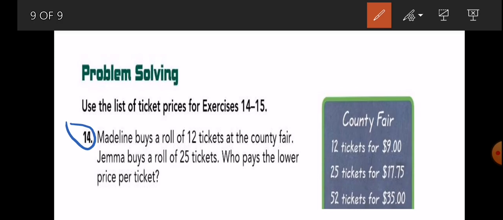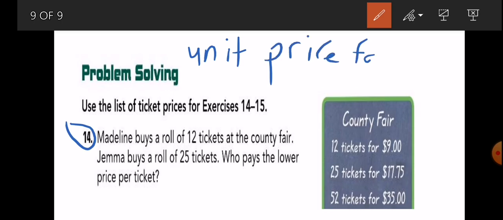Okay, so I will get the unit price for Madeline, and I will also get the unit price for Gemma. How to get the unit price, for example, for Madeline? Let's see, the 12 tickets here are for $9. So you will divide 9 by 12 and you will get the unit price.